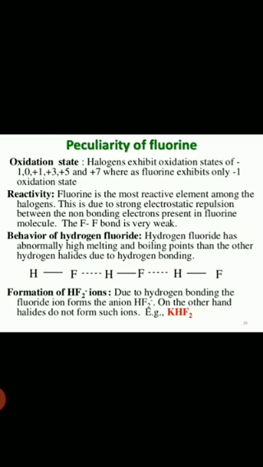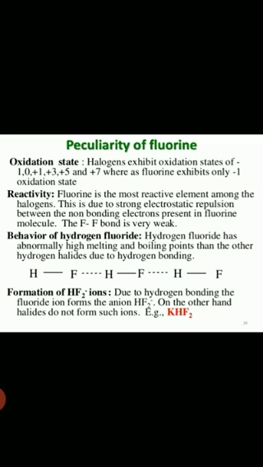The first one is oxidation state. All the other halogens show negative as well as positive oxidation states, whereas fluorine only shows the -1 oxidation state.